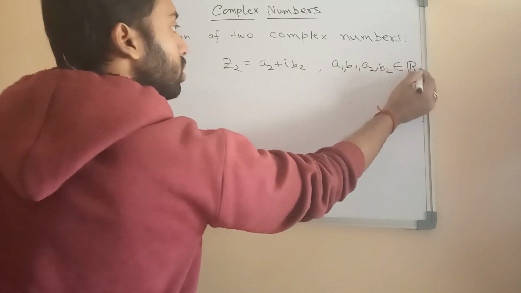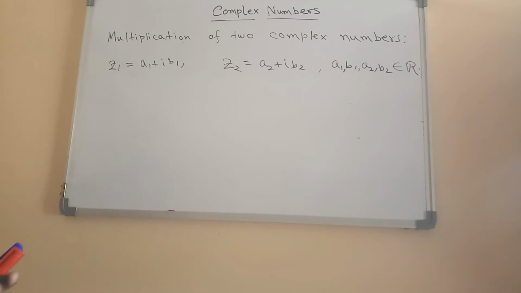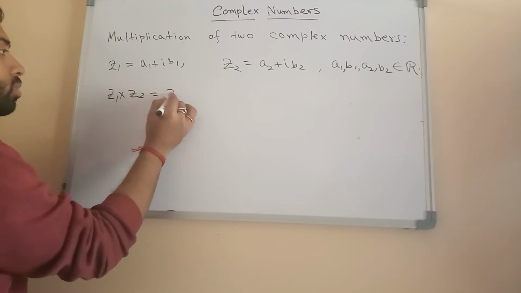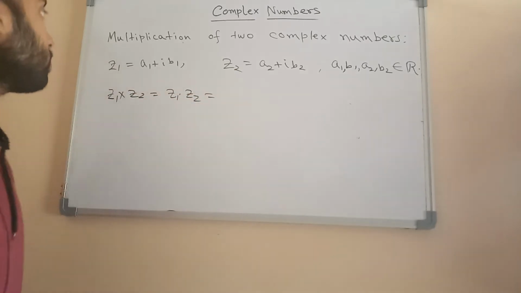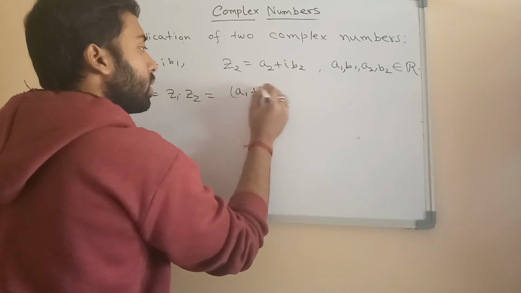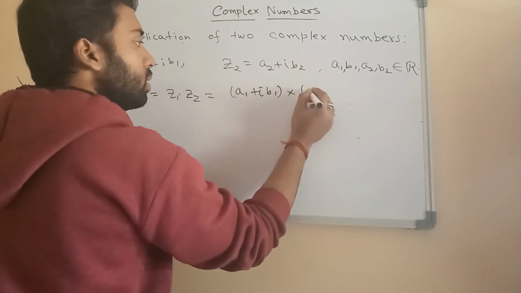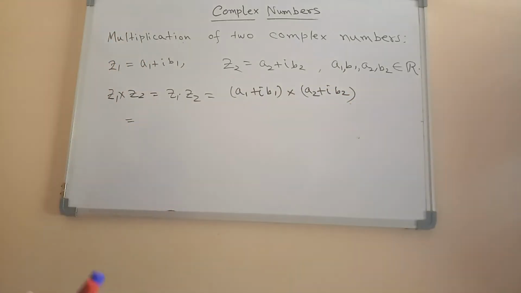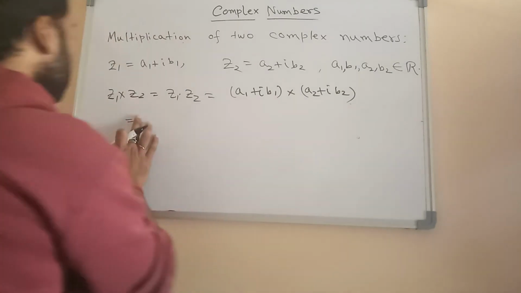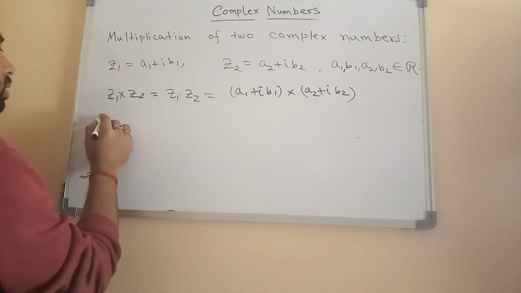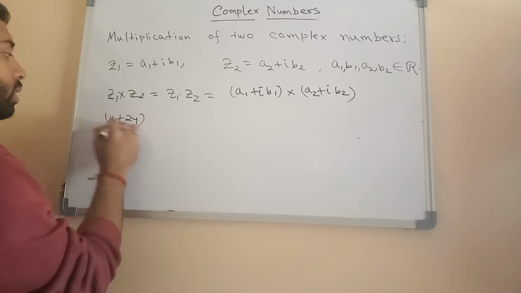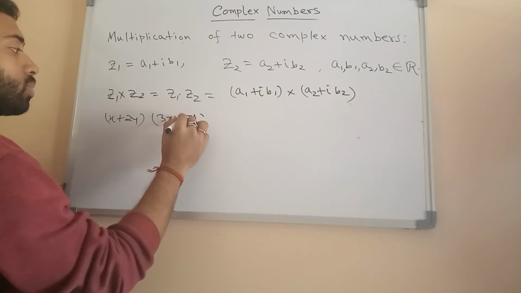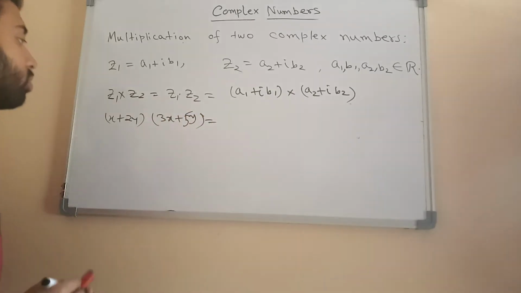b2 all belong to the set of real numbers. Now we have to find z1 into z2, z1 dot z2. So write it as a1 plus ib1 into a2 plus ib2. As you can remember, whenever we are multiplying two algebraic terms, like suppose x plus 2y and 3x plus 5y, what do we do?